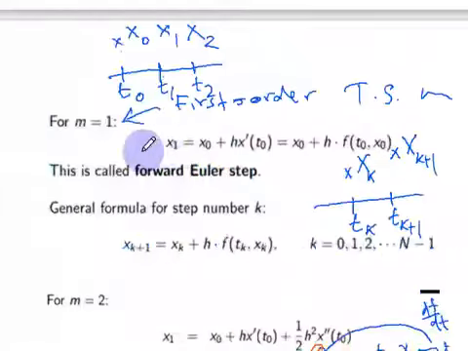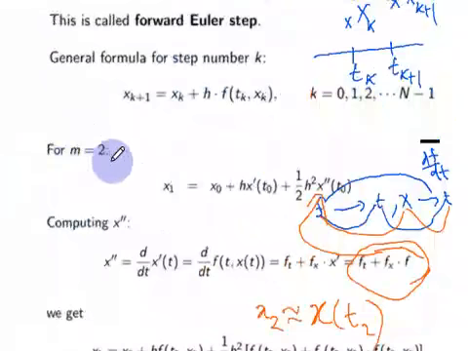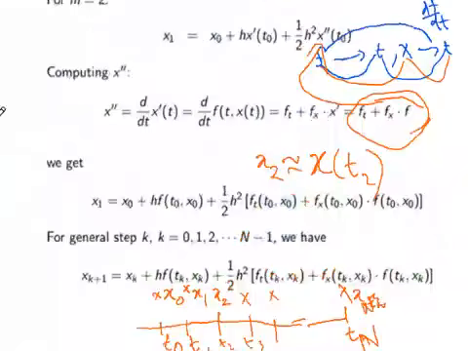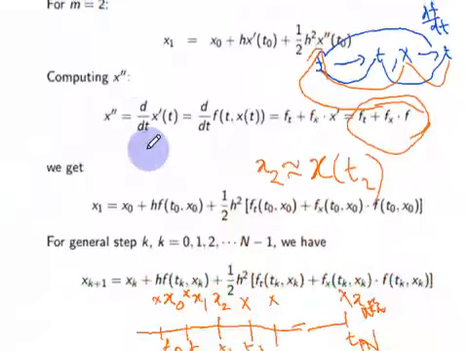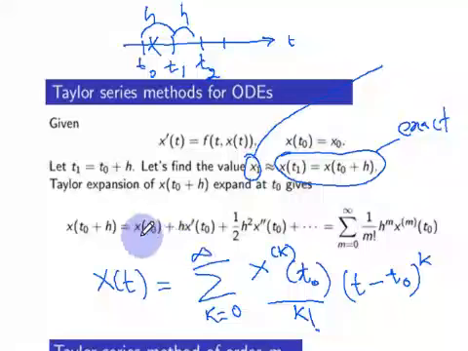So the first order one we give a special name, which is the forward Euler method. When m is equal to 2, this is called the second order Taylor series method, which is this one. Also you can consider third order by considering the first four terms of the Taylor expansion.